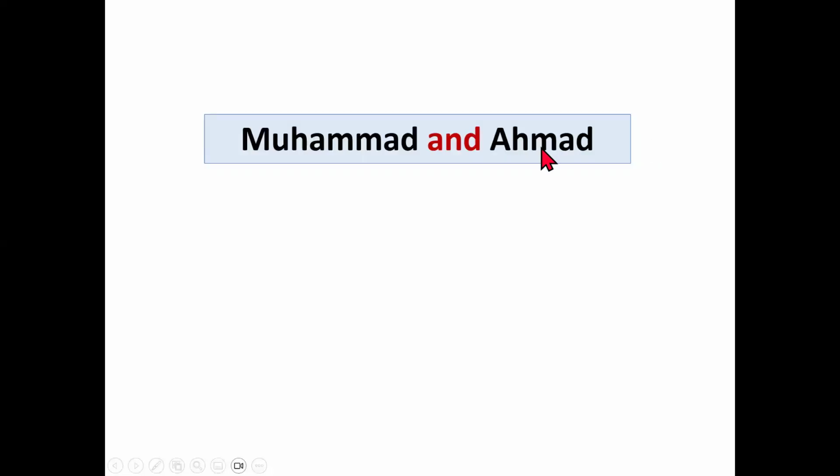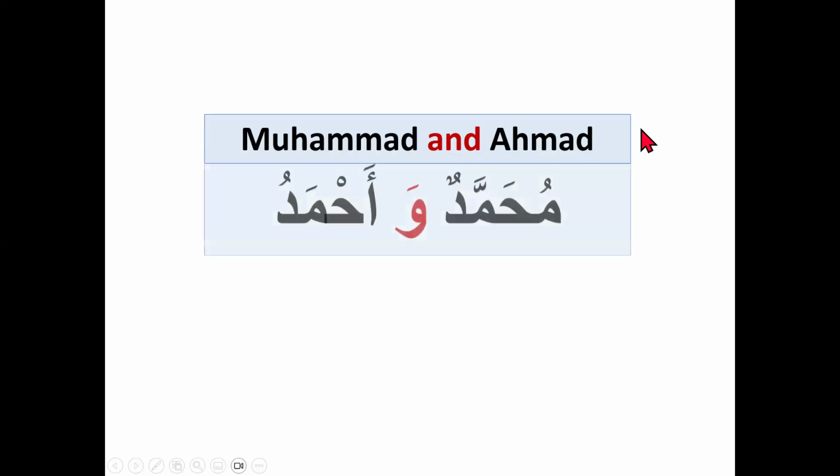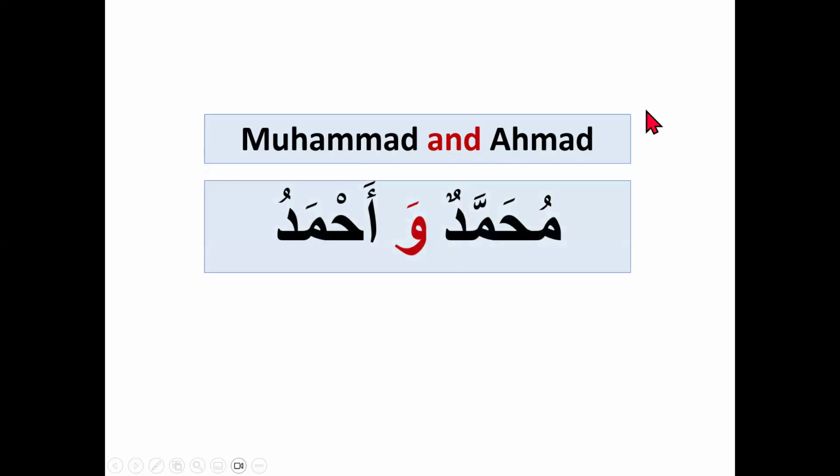Ahmad is also the name of my second son, so I chose these two names. When I convert it into Arabic, I will say Muhammad wa Ahmad. Okay, wa means and. So it means a noun is connected with a noun. So noun plus conjunction plus noun. Okay, it means Muhammad and Ahmad is not a sentence, it's just a single noun phrase.